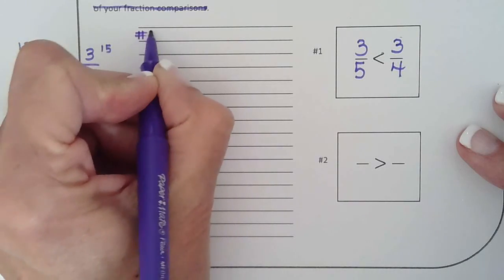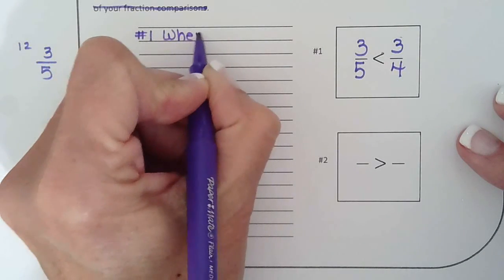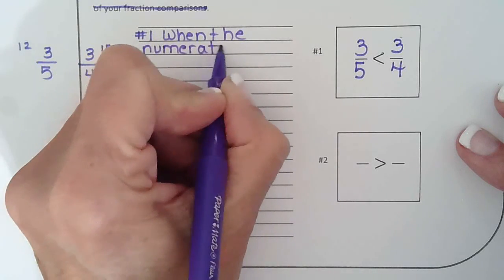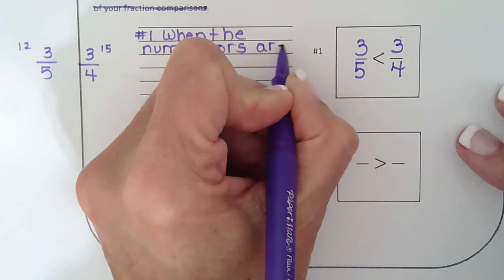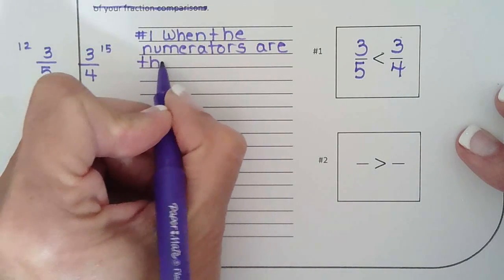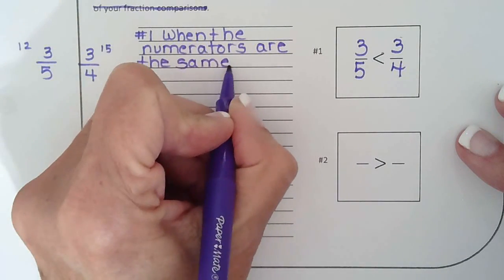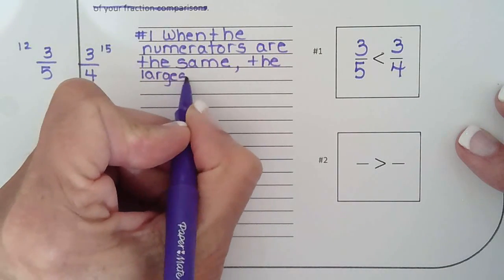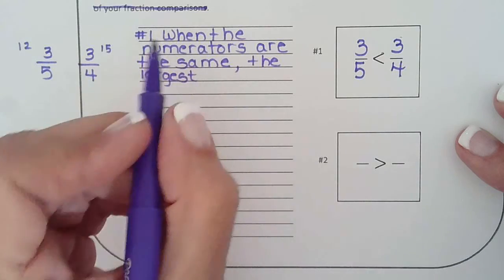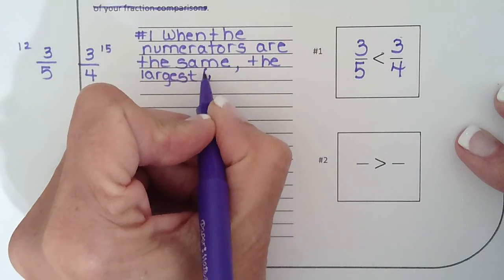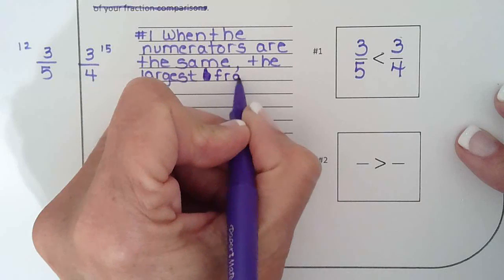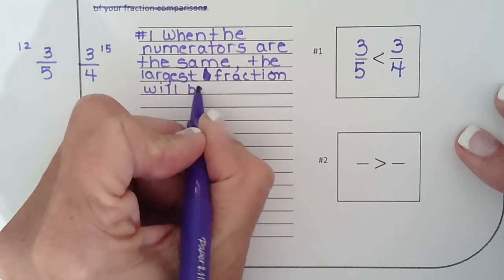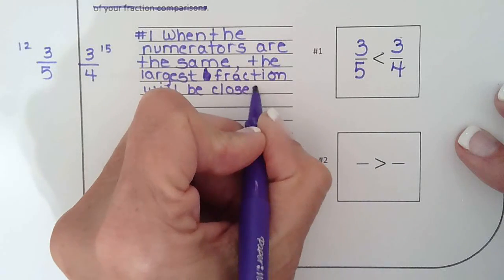So for number 1, when the numerators are the same, and remember, this trick only works when the numerators are the same, the largest fraction will be closer to the whole.